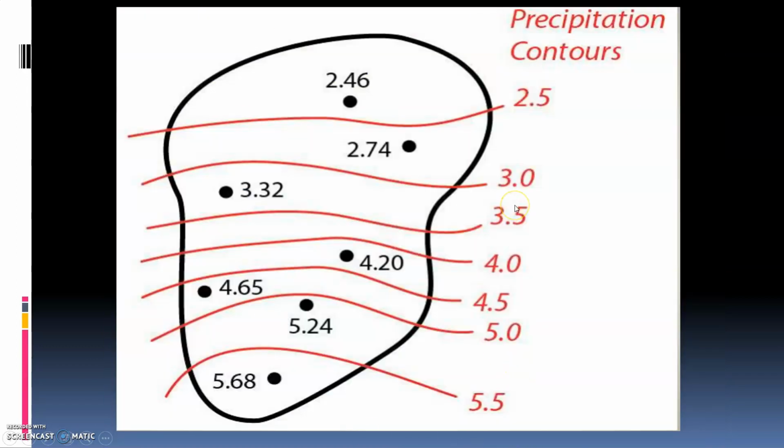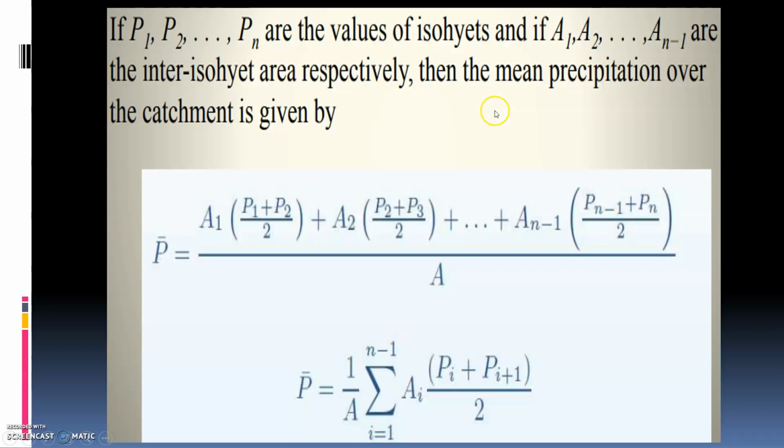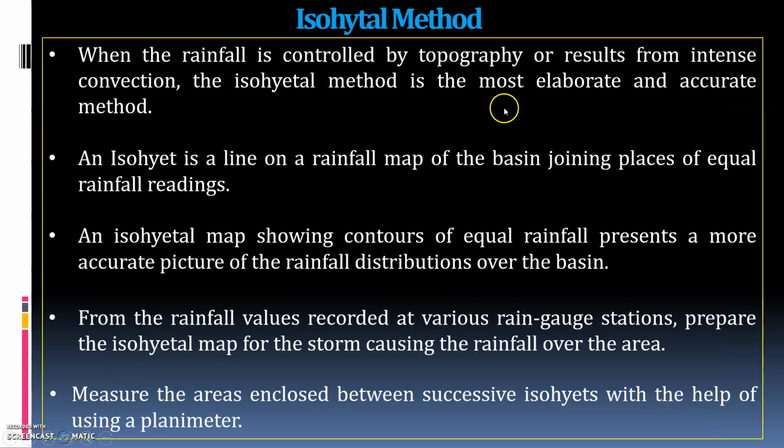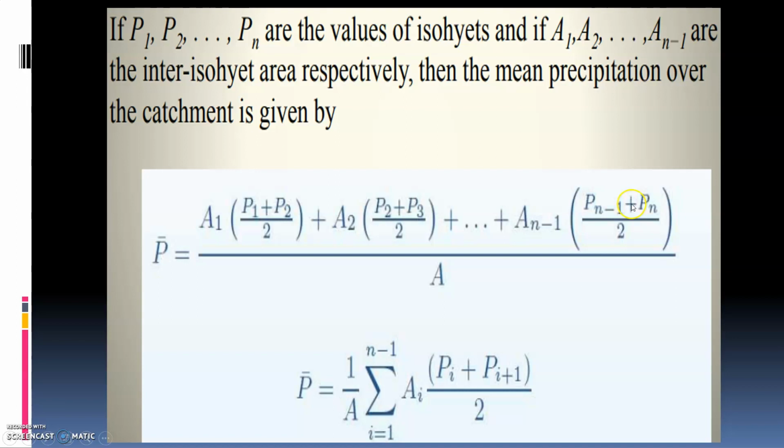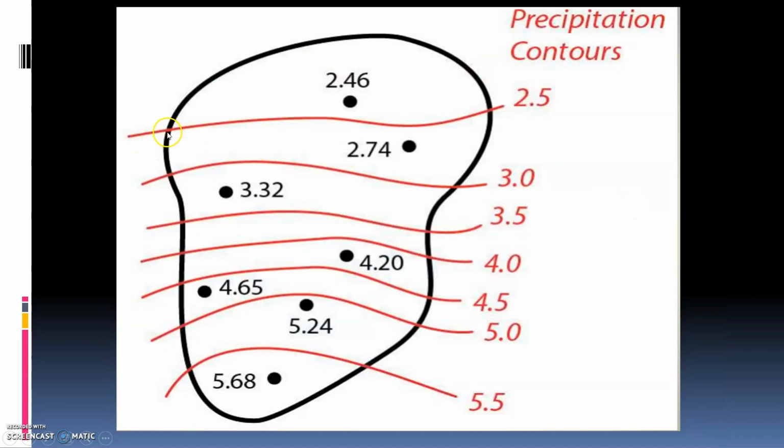So this is, suppose, the contour. This is the isohyet, meaning it is joining the points of equal rainfall. An isohyet is a line on a rainfall map of the basin joining the places of equal rainfall readings. Suppose this is one contour showing the different isohyets.